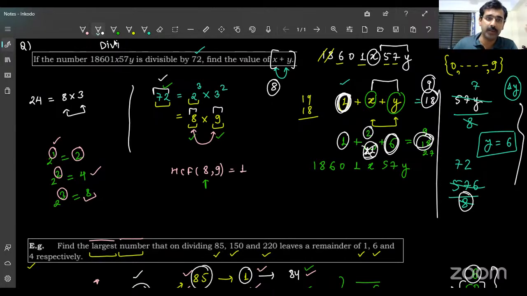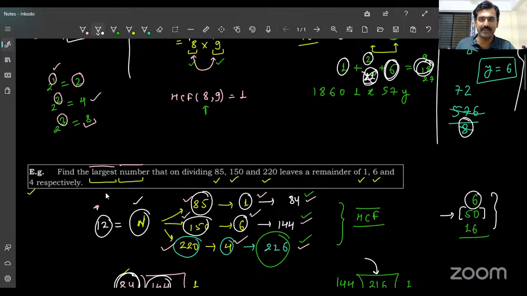Along with that, if there are composite numbers, for example 24, how do you develop a divisibility rule for it? You basically divide this number into two numbers which are co-prime to each other. And then if a number is divisible by 8 and 3 both, that number will be divisible by 24, because 8 and 3 are co-prime to each other, because the HCF of 8 and 3 is 1. That means 8 and 3 are co-prime.